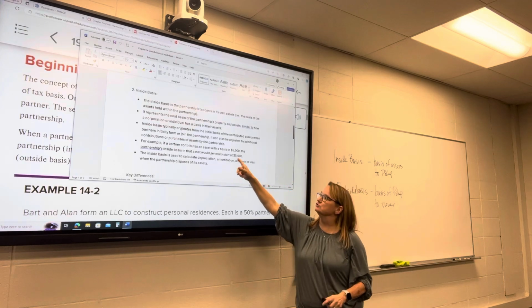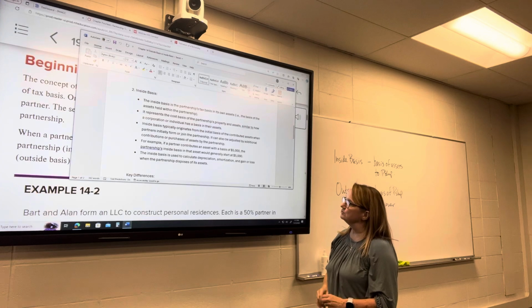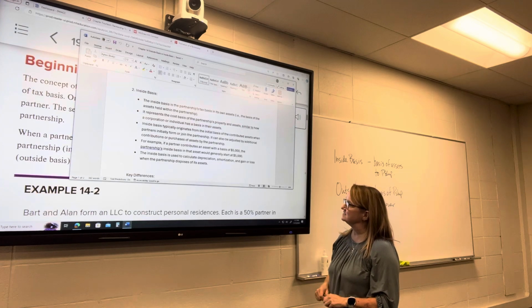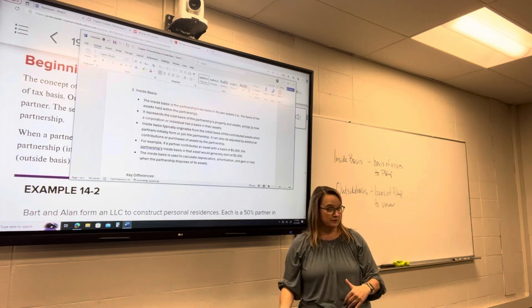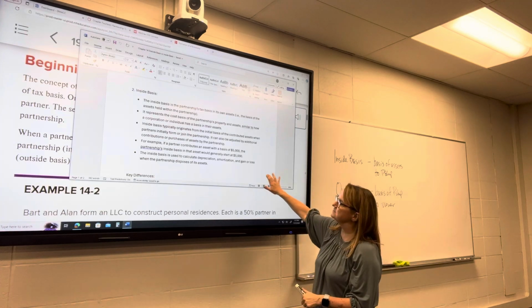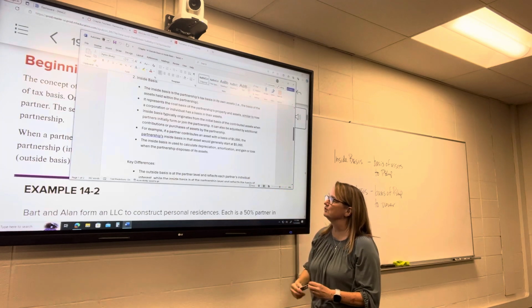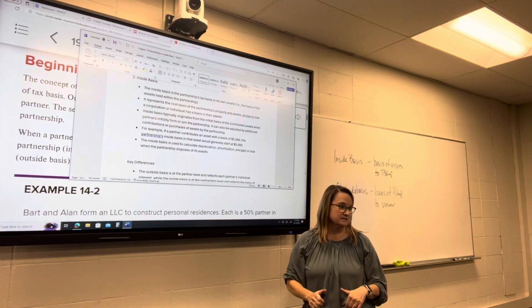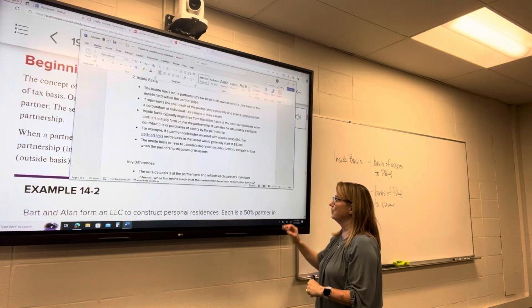So if a partner contributes an asset with a basis of $5,000, the partnership's inside basis in that asset would generally start at $5,000. That's what it carries forward. Inside basis is used to calculate depreciation, amortization, gain or loss when a partnership disposes of its assets. So these are assets now that are owned by the partnership.